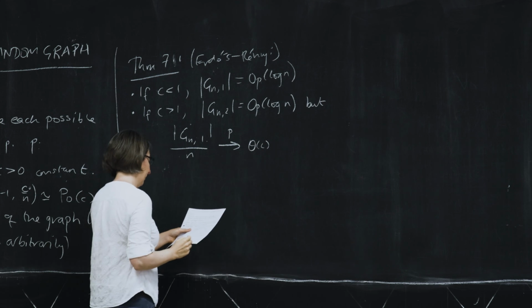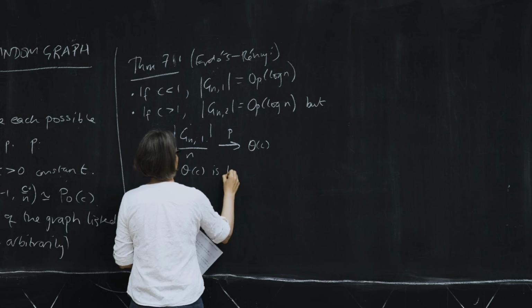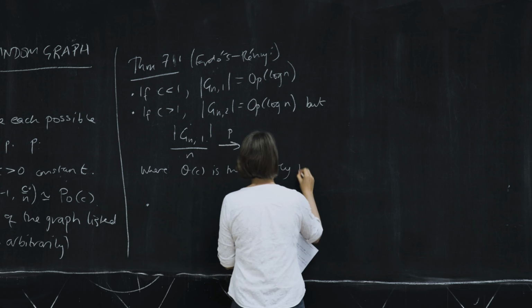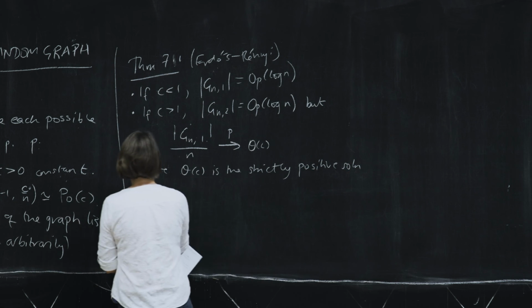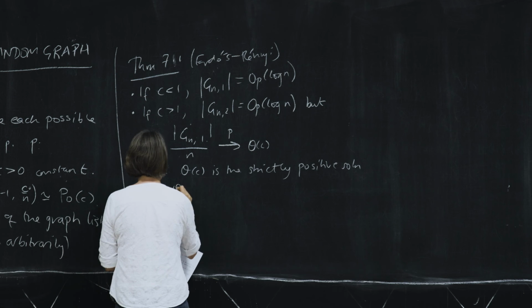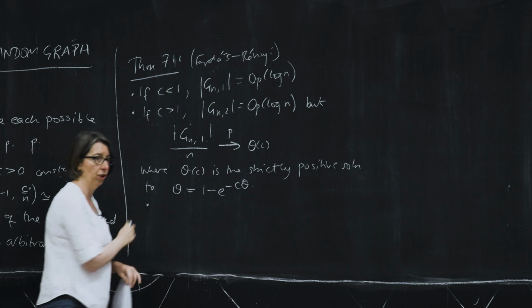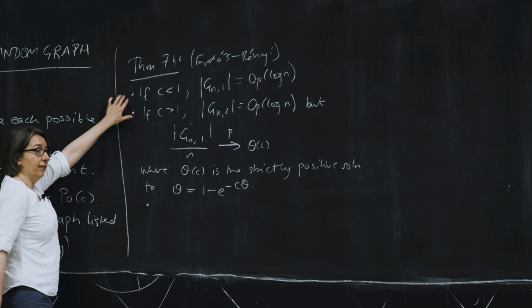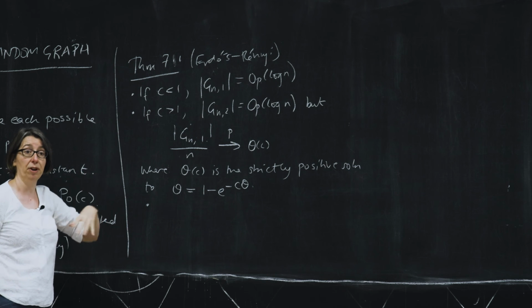And this limit in probability, theta of c, is the strictly positive solution to a particular equation, which is the following: theta equals 1 minus e to the minus c theta. I'm going to try and explain why this is true in a moment. But let me first say what this is saying, broad brush. For c strictly less than 1, all of the components are microscopic.